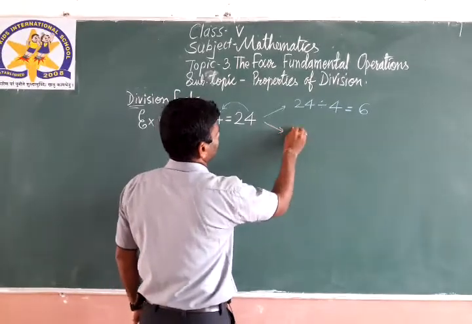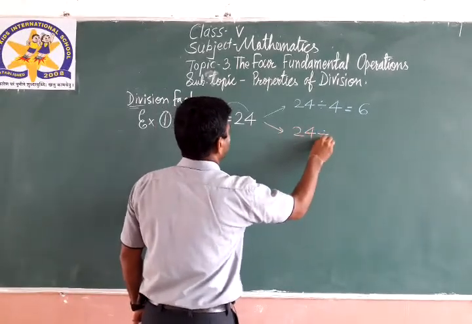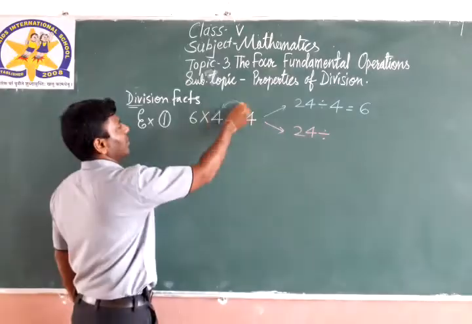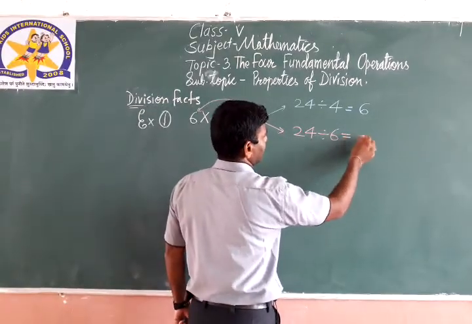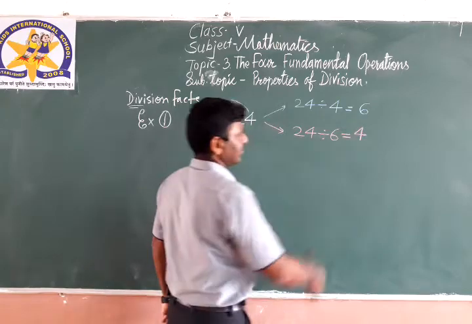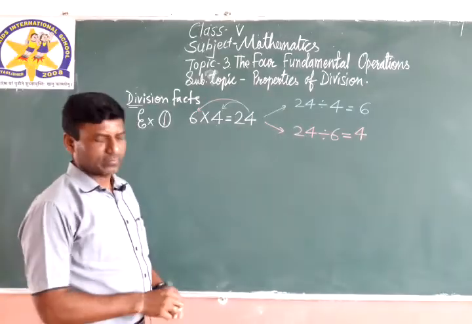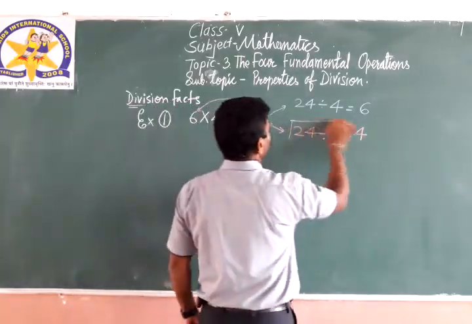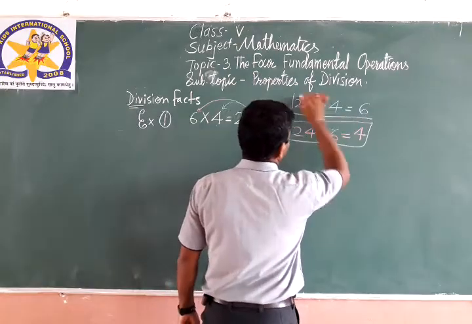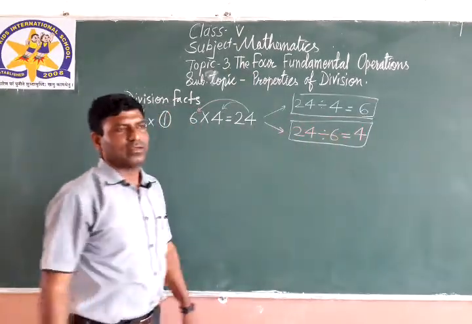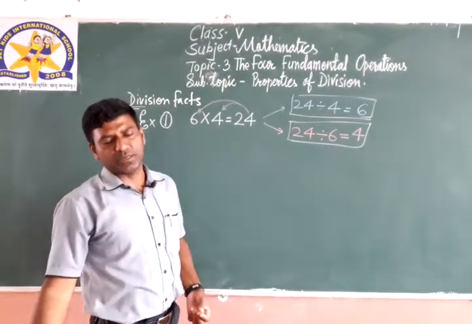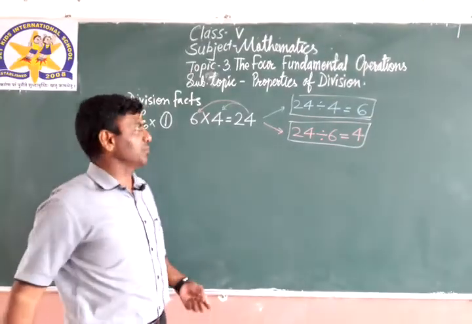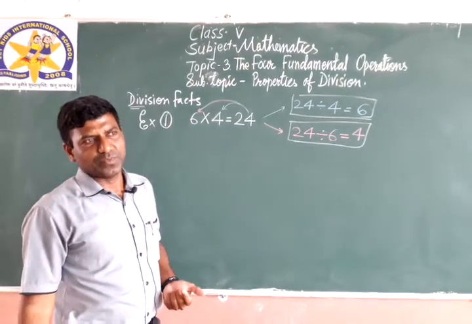And 24 divided by now 6. The quotient will be 4. We get 2 division facts. Right? Division is nothing but an inverse process of multiplication.